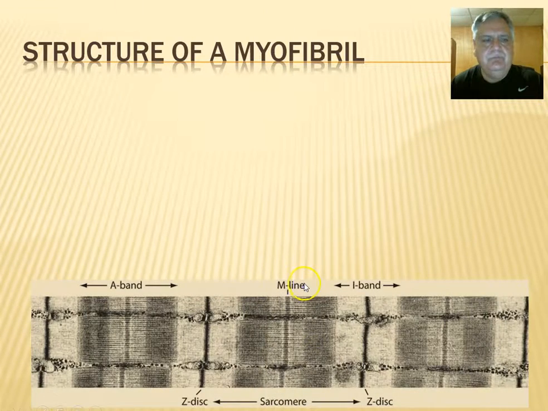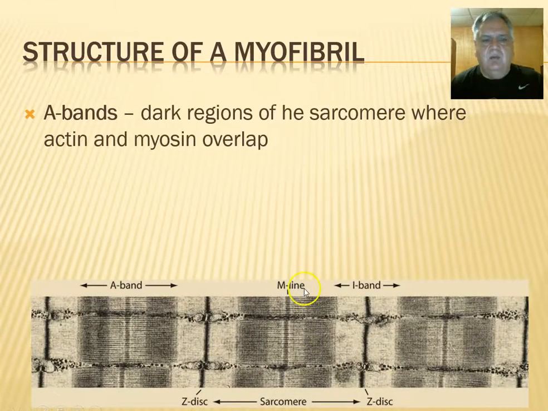Okay. So, whenever we take a look at the sarcomere, we can look at some additional components for geography so that we understand where we're at at any one particular time. So down here, this is actually an electron micrograph of a section of a myofibril.